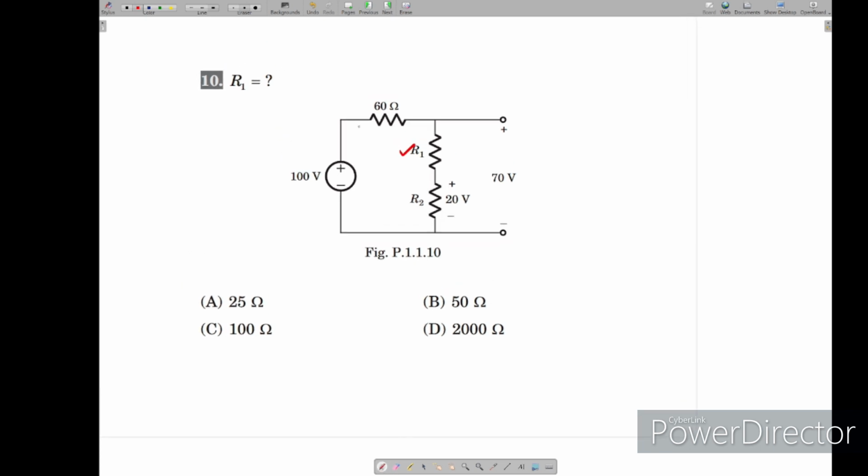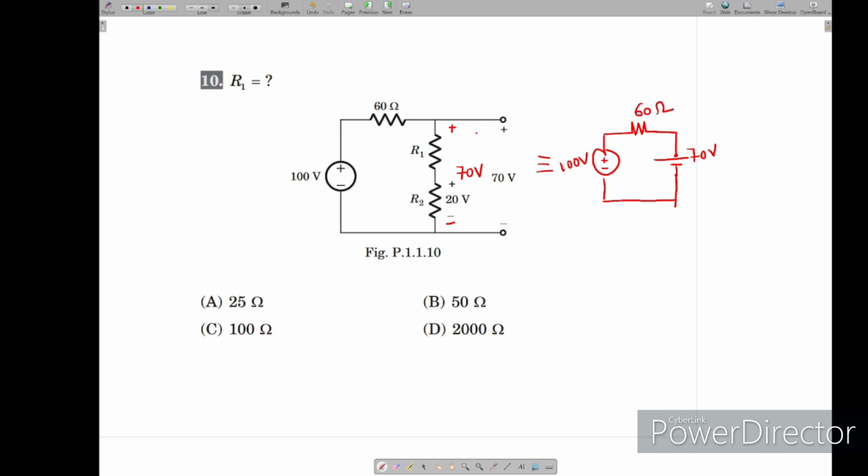You see the basic circuit here, given that across these terminals we have 70 volts. Here we have 70 volts, this is 100 volts, and this is 60 ohms.